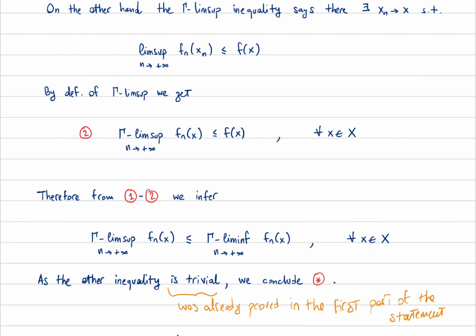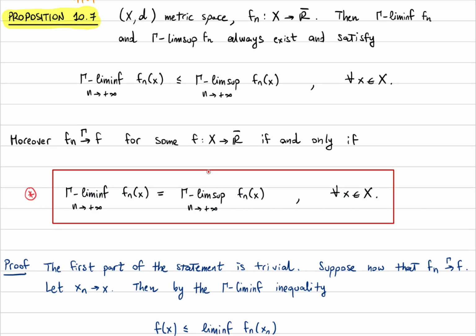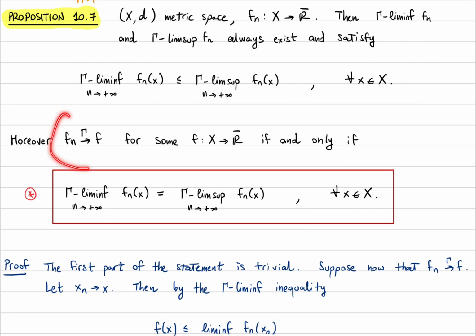So the other inequality being this one, that gamma lim sup is larger or equal than gamma lim inf, we saw in the first part of the statement that this is always true. So now we just proved that Fn gamma converges to F implies that gamma lim inf is equal to gamma lim sup.